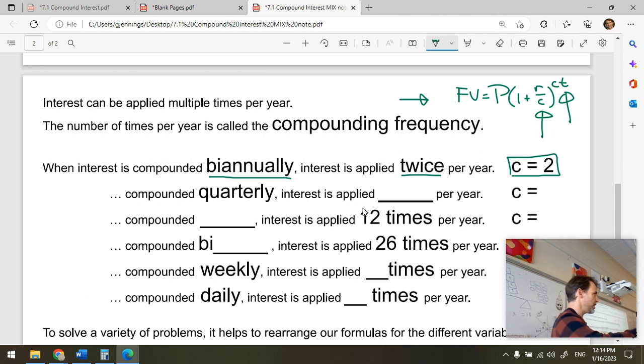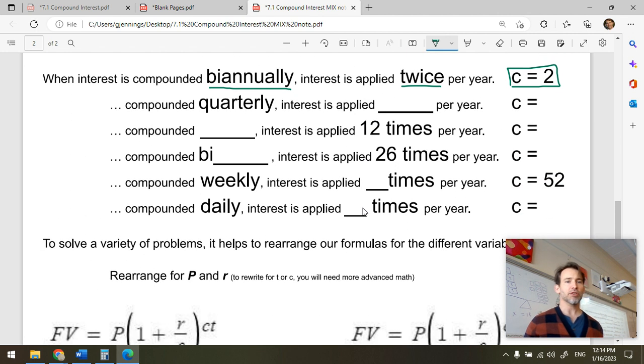You're applying interest twice per year, so multiply the number of years by 2, and that's your new exponent. And your interest rate gets divided by 2, because you're only getting half of the interest rate every time the interest is applied. Okay, so that's how the C interacts with this formula and why you see it in two places.